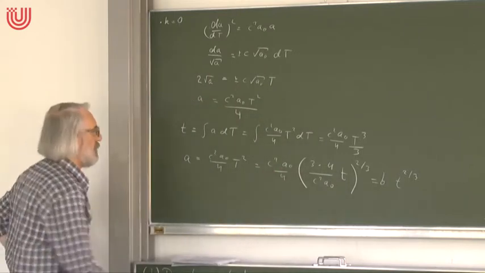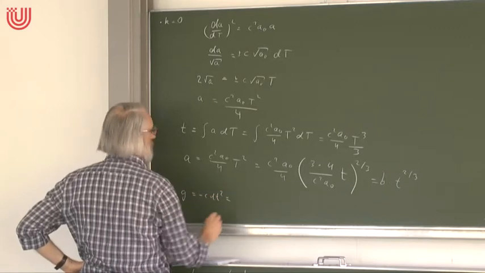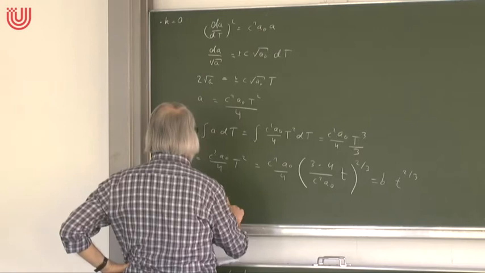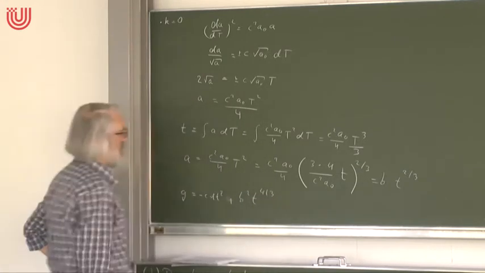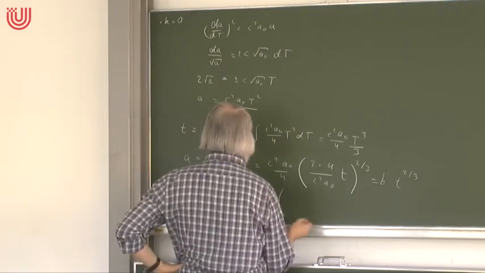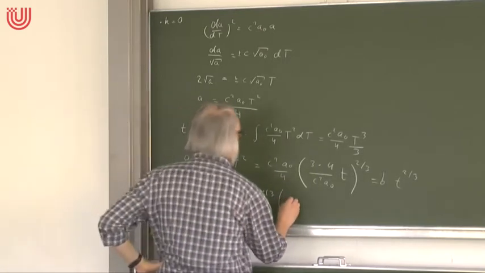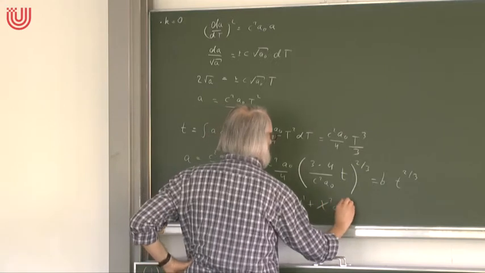Yeah, so the metric is now, let me write down the metric, c dt squared. It's a scale factor squared, so this is, plus here, b squared t to the power 4 over 3. And this is a universe with k equals 0, so I have here d chi squared plus chi squared d omega squared.